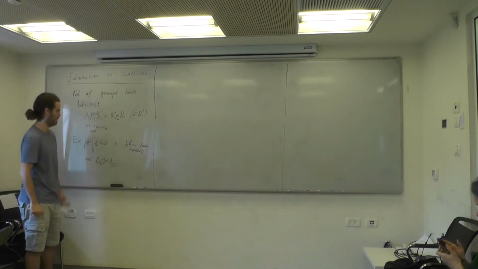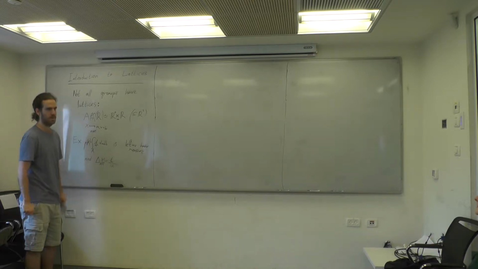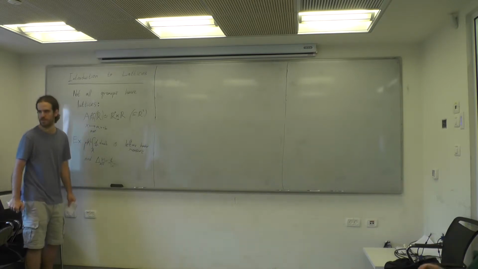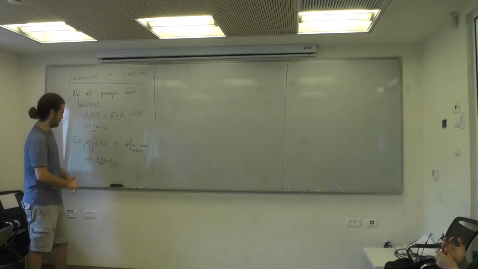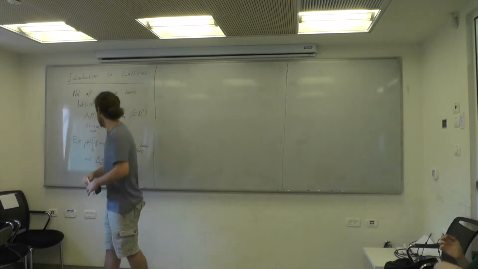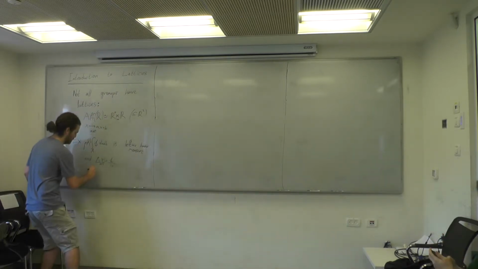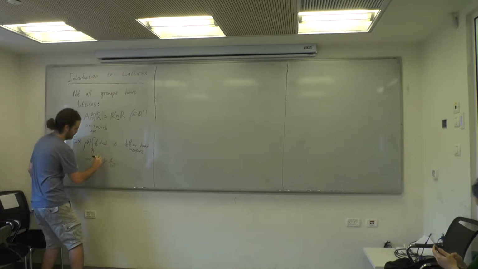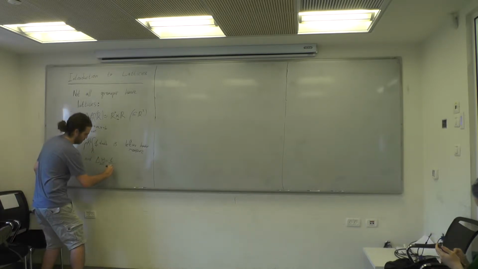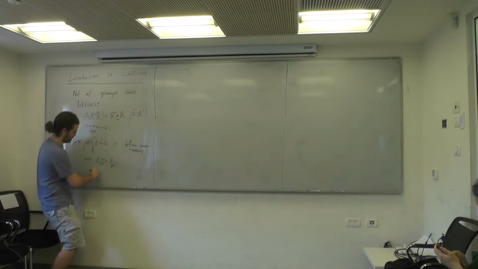It's interesting to play around using the change of variables formula. So what is x? X is an element of the affine group.